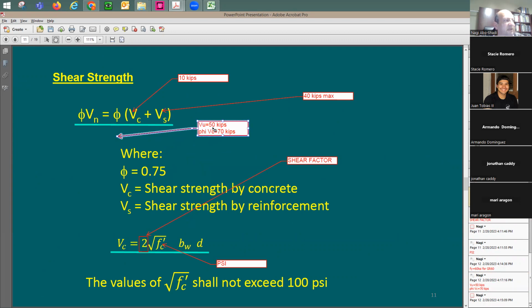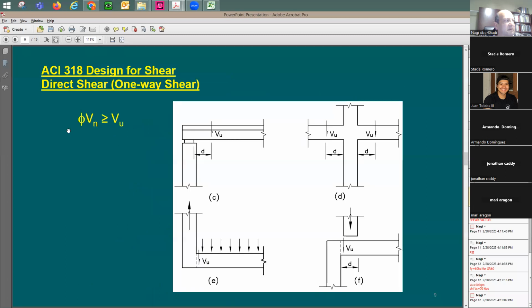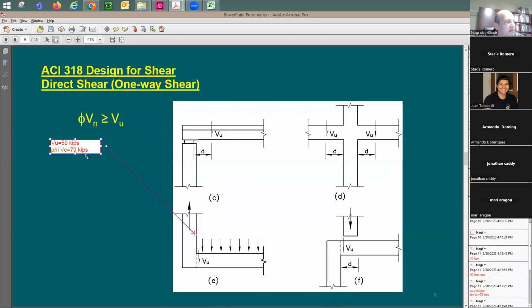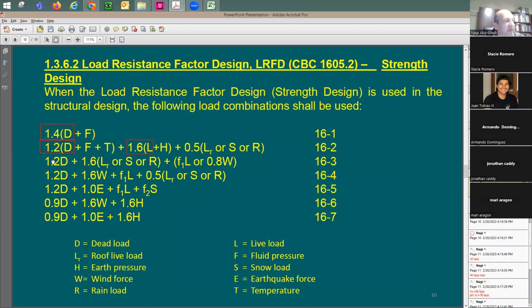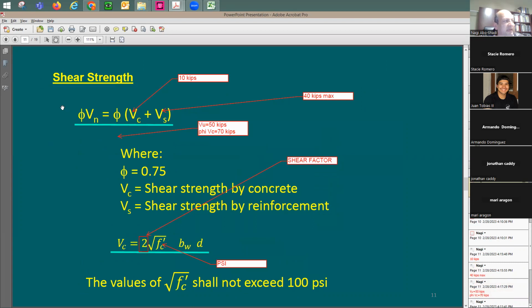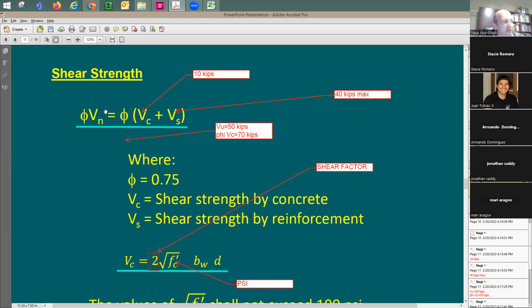V sub U is 50 kips. Phi Vc is 70 kips. Look at this equation again. This means that I have enough strength in the concrete for the demand. When I look at this equation, this value here, which is how much? 70.